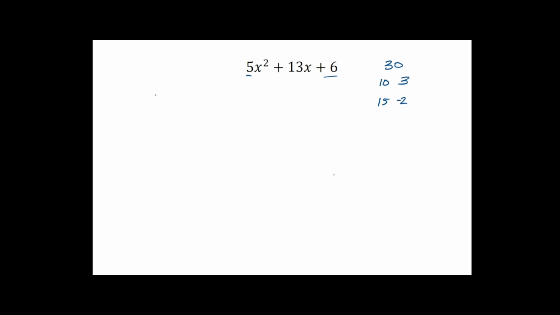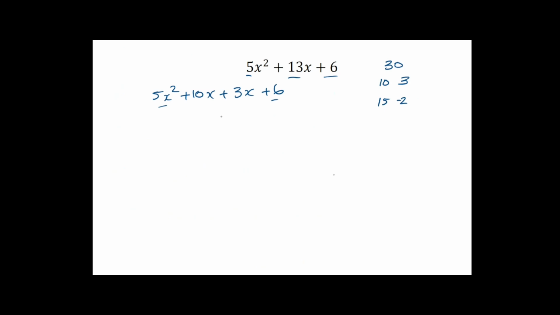So let's expand it out. So we have 5x squared. Which one are we going to choose? The 3 or the 10? I'm going to choose the 10 because it's going to factorize a bit nicer. Okay, so just double check. 10x plus 3x is 13x. Cool. The 6 stays there.